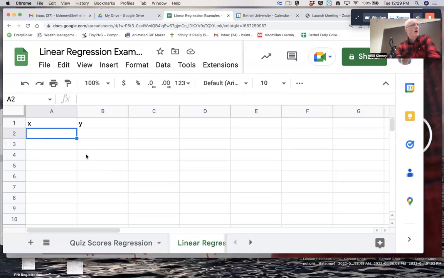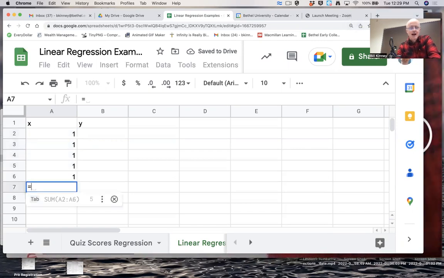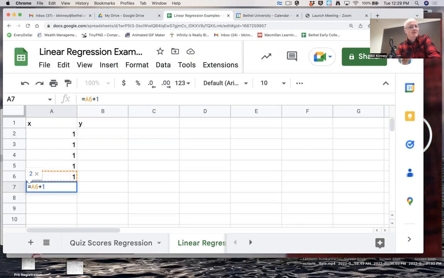On purpose, I'm going to pick values of x that repeat sometimes. Well, let's start with 1. Let's make there be 5 1s. Now let's add 1 to those numbers, like that, to get a bunch of 2s. How many 2s?